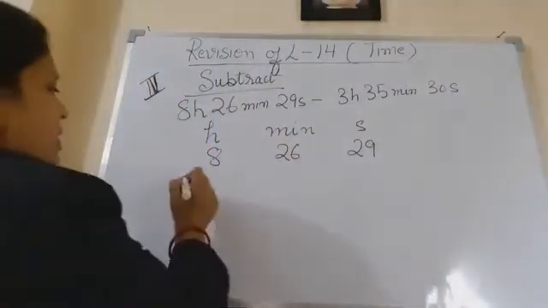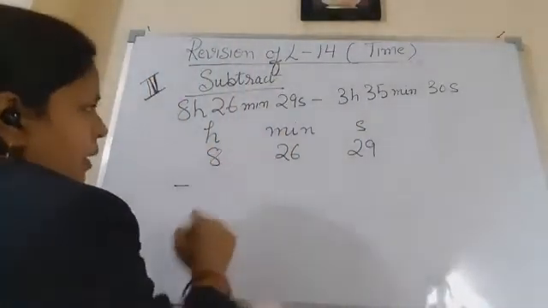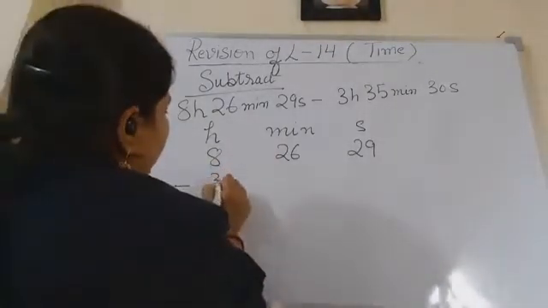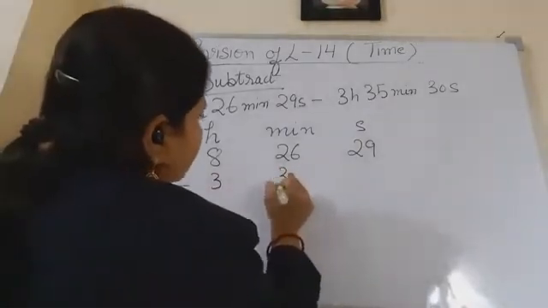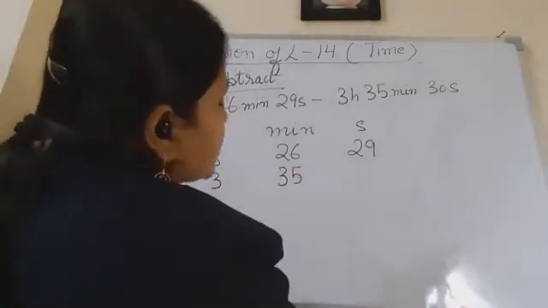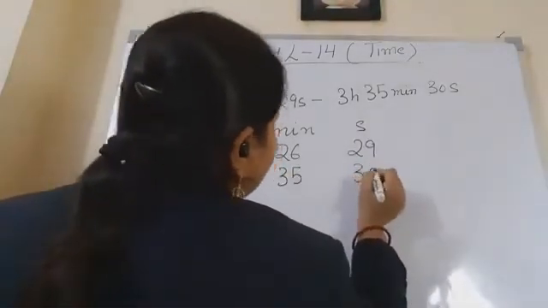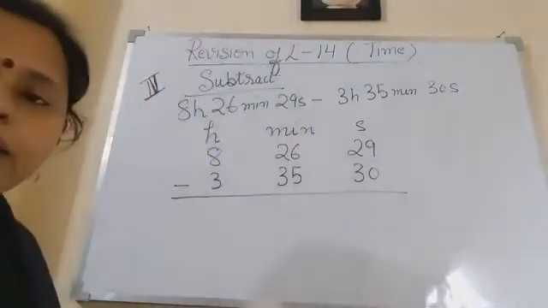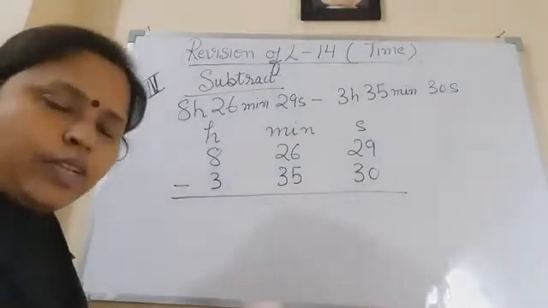Now let's write the smaller value under the larger value: 3 hours in the hour column, 35 minutes in the minutes column, and 30 seconds in the seconds column. And now let us subtract the smaller value of time from the larger value of time.